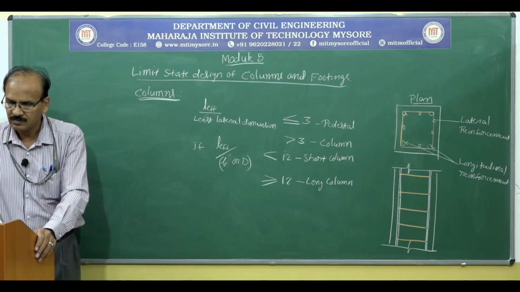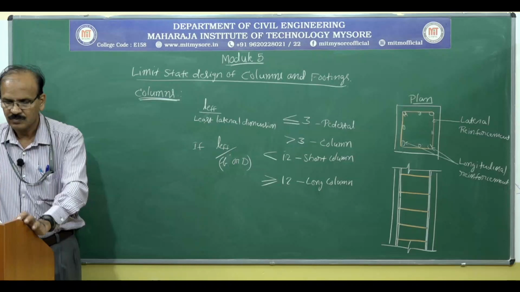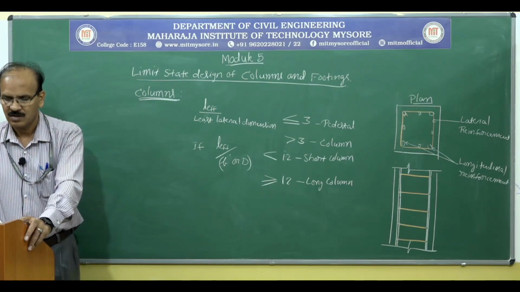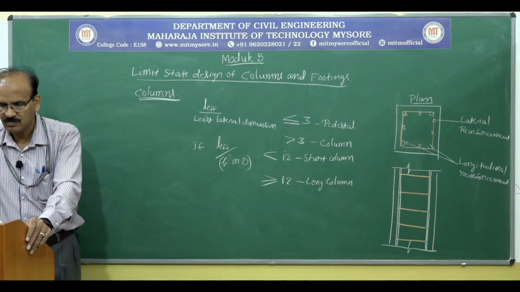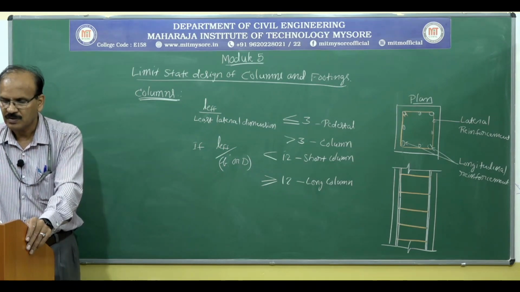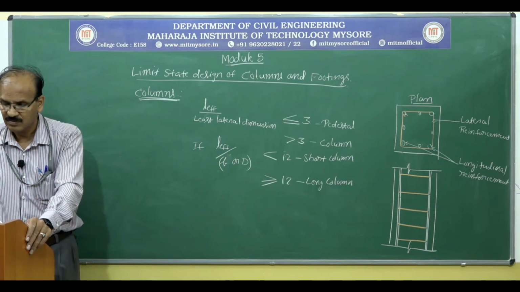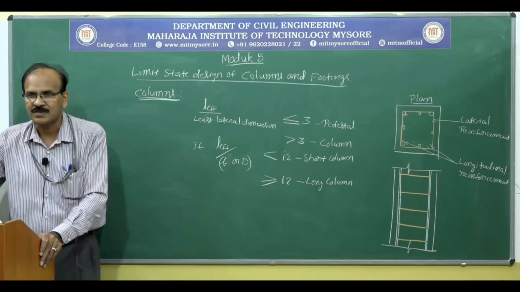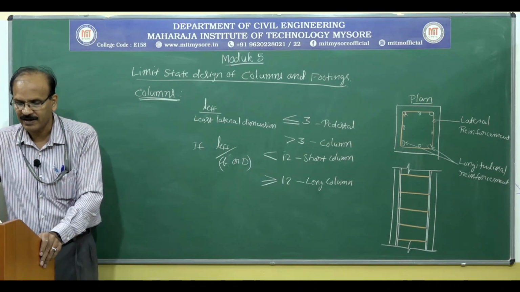Columns support beams which in turn support walls and slabs. Full stop. The failure of a column results in the collapse of the structure. Full stop.